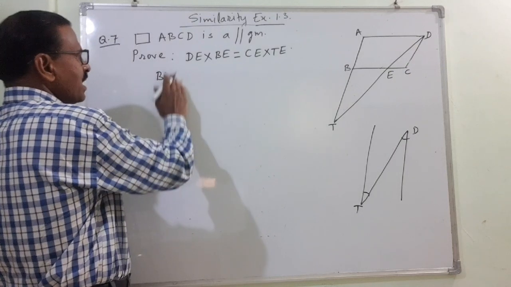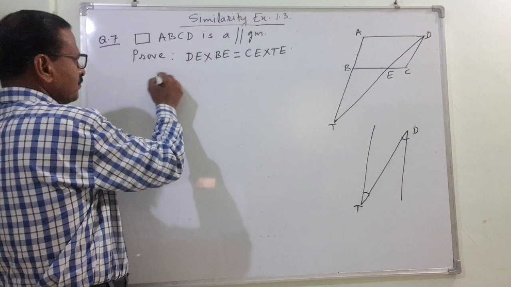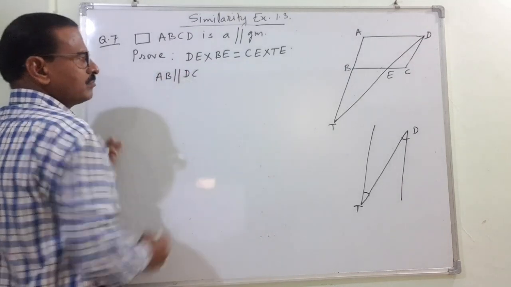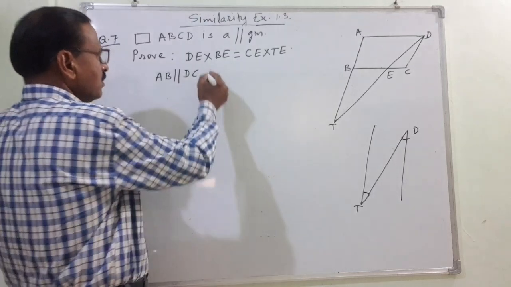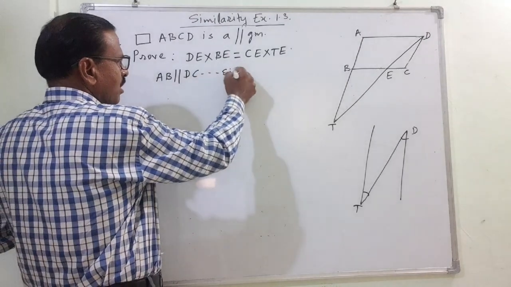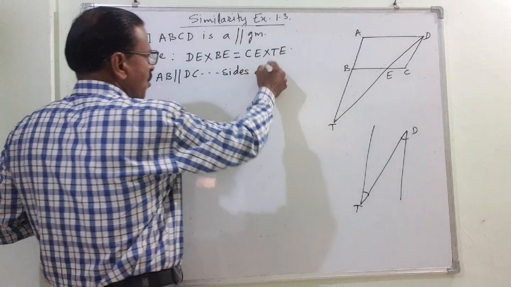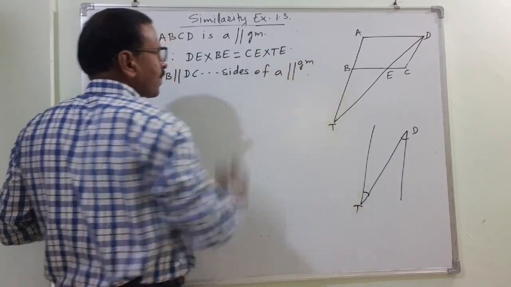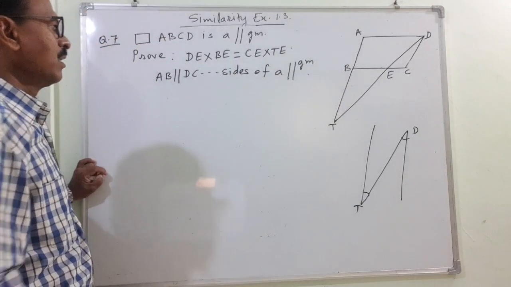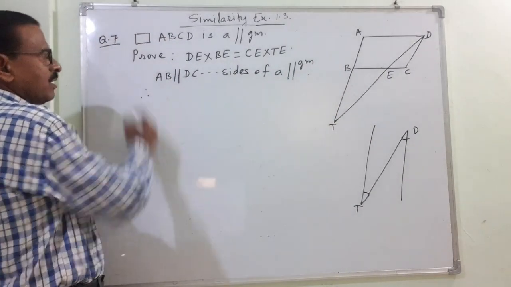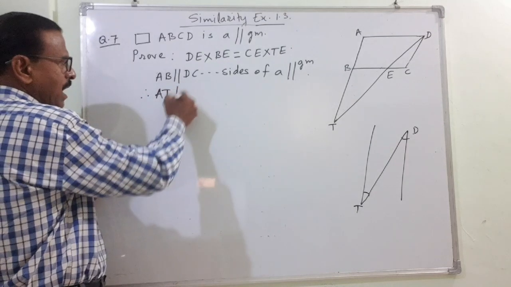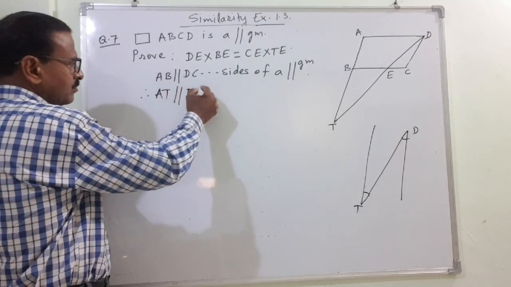First of all, I will say AB parallel DC, reason: sides of a parallelogram. Therefore, AB I can call as AT, parallel to DC.